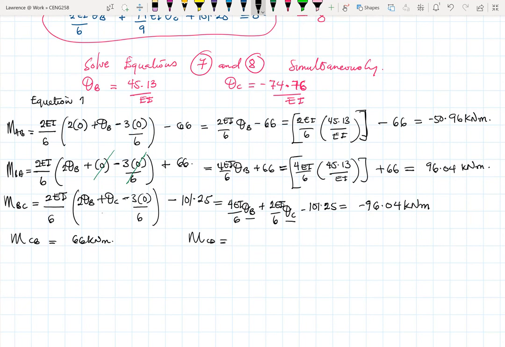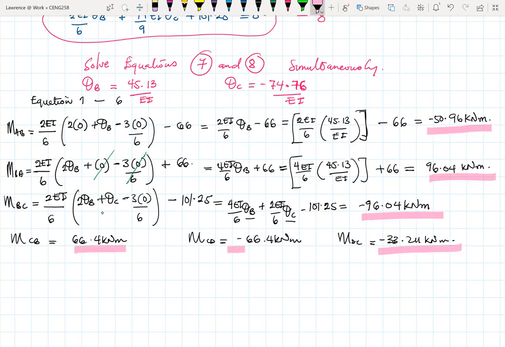So this becomes minus 66. Substituting theta C and theta B into equations 1 to 6, 33 kilonewton meter. So we found all the values, all 6 moments. Sometimes some of them will be 0, some will be negative, or some will be positive. All right.